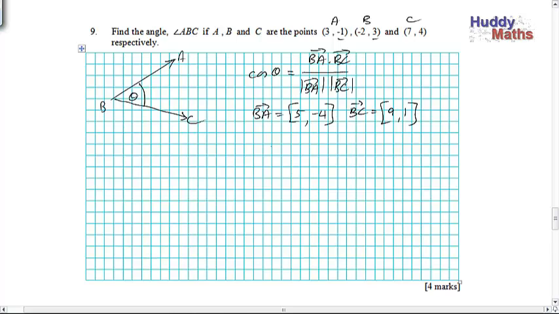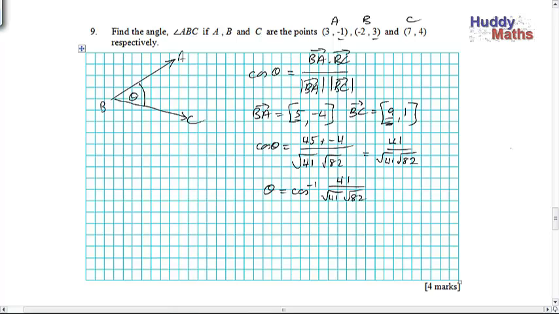So let's work out the cos of theta now is BA dot BC, 5 times 9 is 45, plus -4 by 1 is -4, over the lengths, root of 25 and 16 is root 41, here root 82. So this is 41 over root 41 root 82. Okay, so theta is the inverse cos of that.